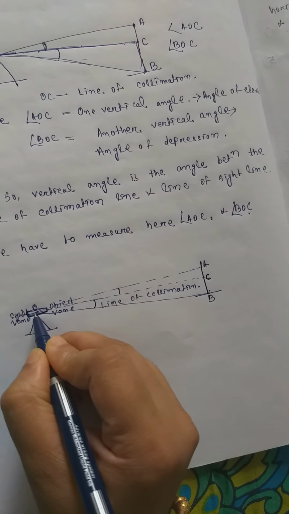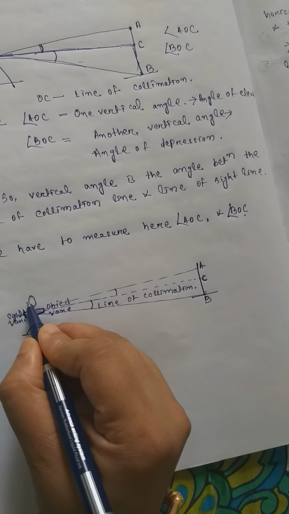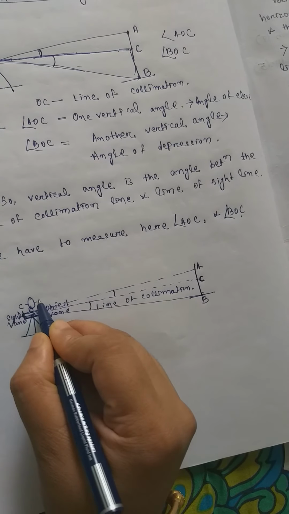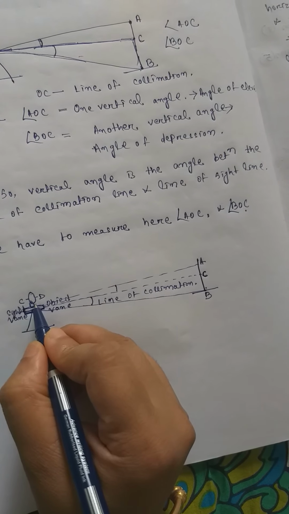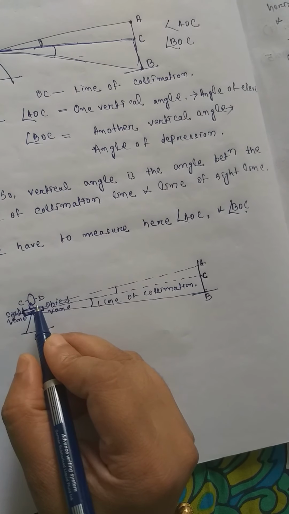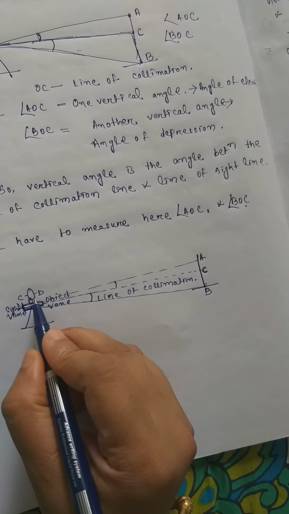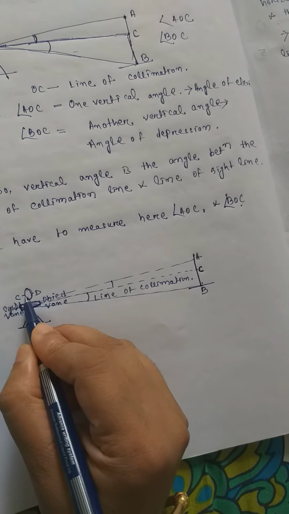On the left side of the theodolite, there is a vertical circle. Here vernier C and vernier D lie. We have to set the verniers C and D at the 0 degree mark of the vertical circle. Then the telescope is clamped. Then the plate bubble, here one plate bubble is there.